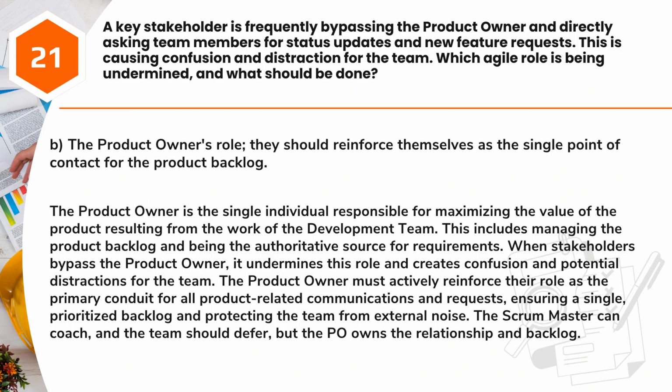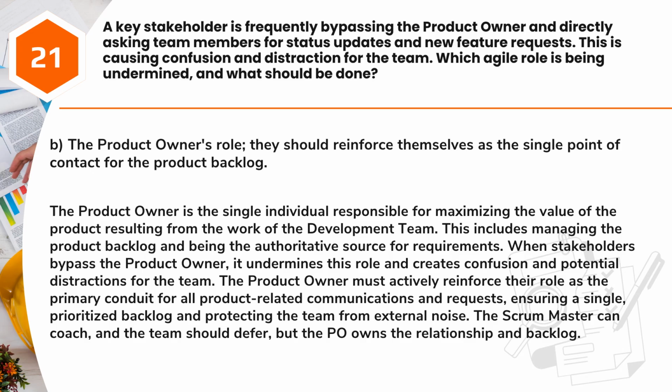Answer: B. The product owner's role: they should reinforce themselves as the single point of contact for the product backlog. The product owner is the single individual responsible for maximizing the value of the product resulting from the work of the development team. This includes managing the product backlog and being the authoritative source for requirements.